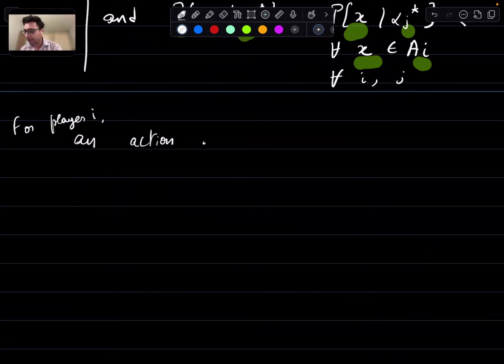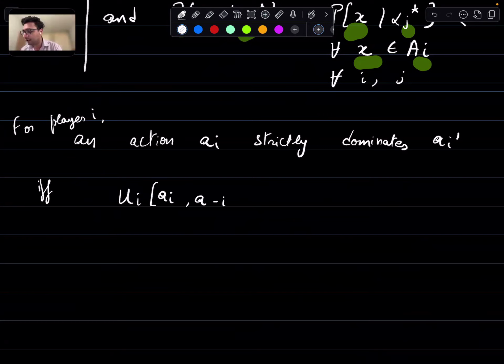For player i, an action ai strictly dominates ai prime if and only if the utility that player i gets from choosing the action ai when other players choose a minus i is strictly greater than the utility that player i gets from choosing ai prime when other players choose a minus i.